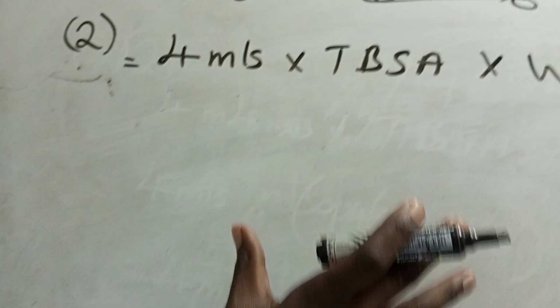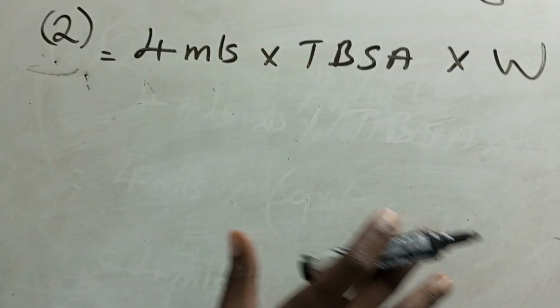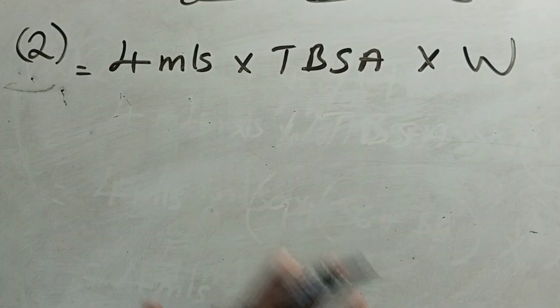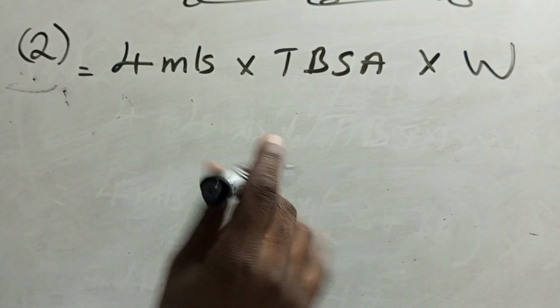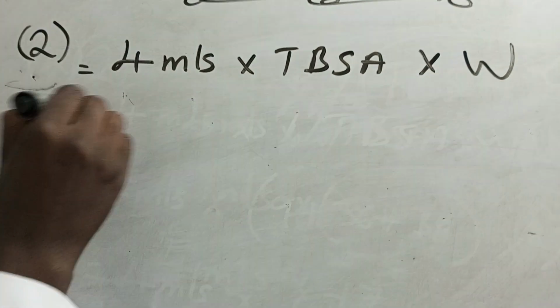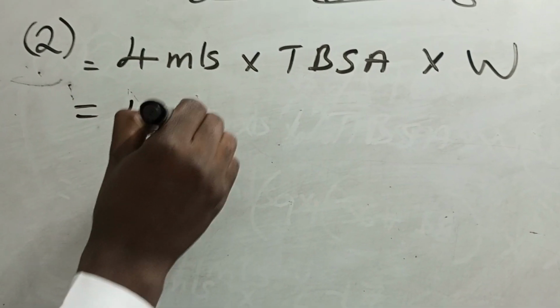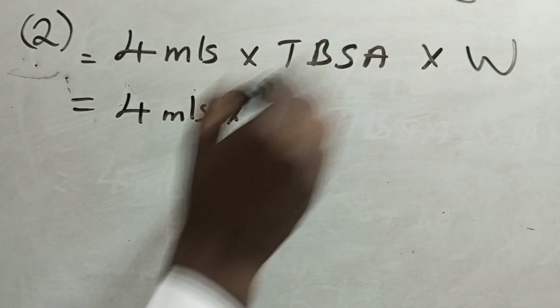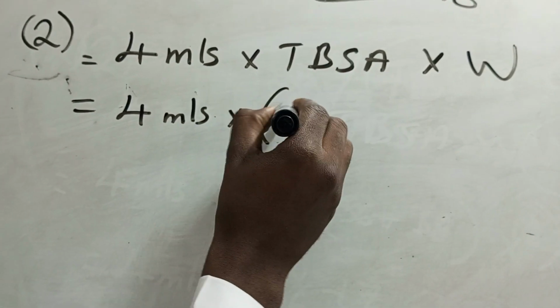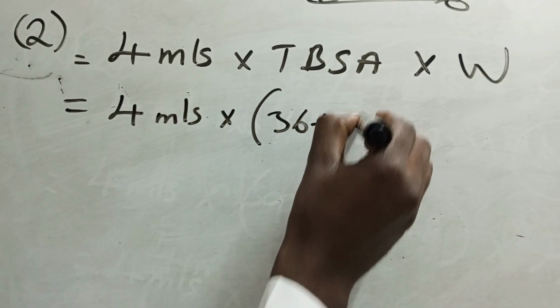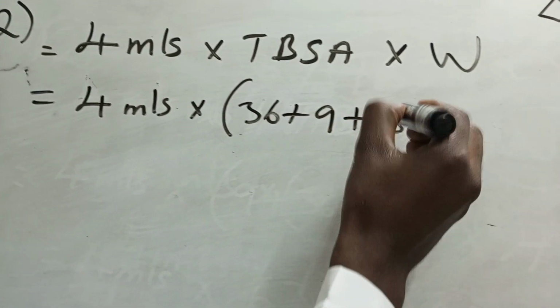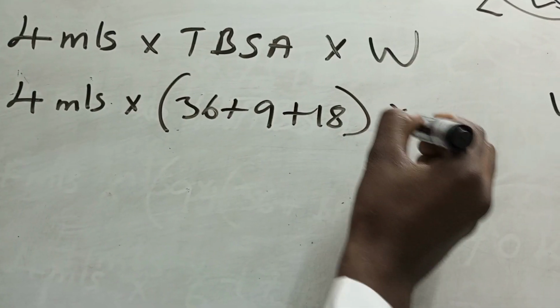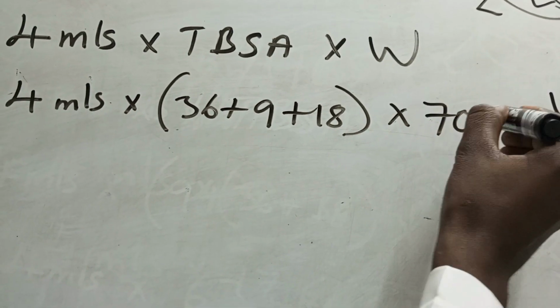Remember, everyone who sustains 25% and above needs fluid resuscitation. So let's replace this. It will be 4 mils times the percentage, which is 36 plus 9 plus 18, times the patient's weight, which is 70 kg.